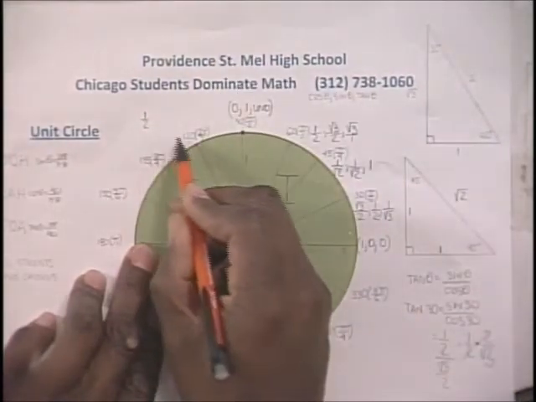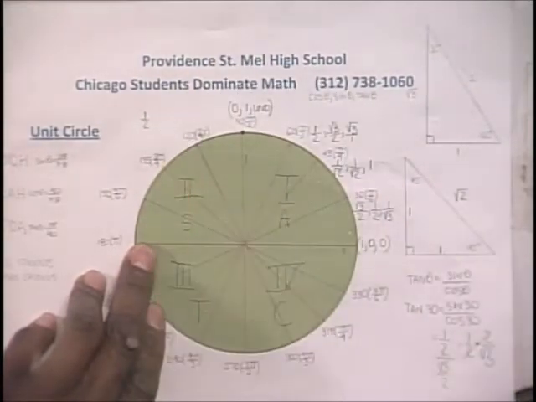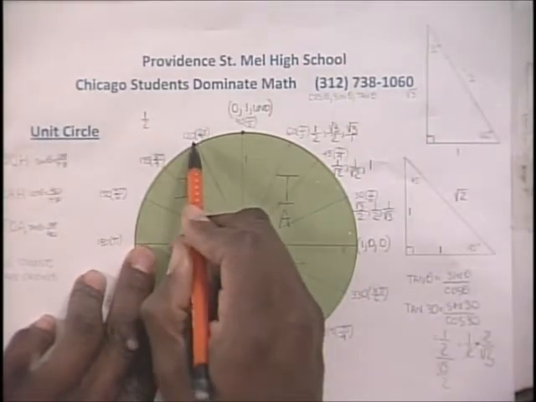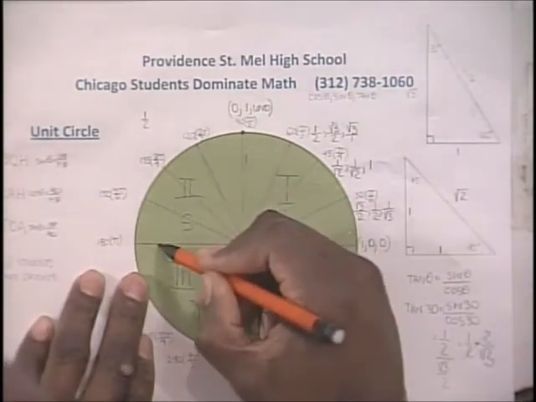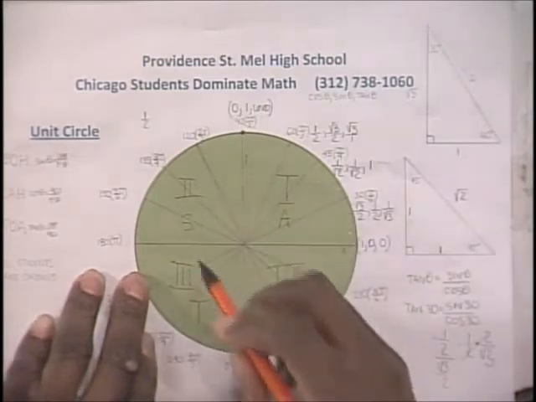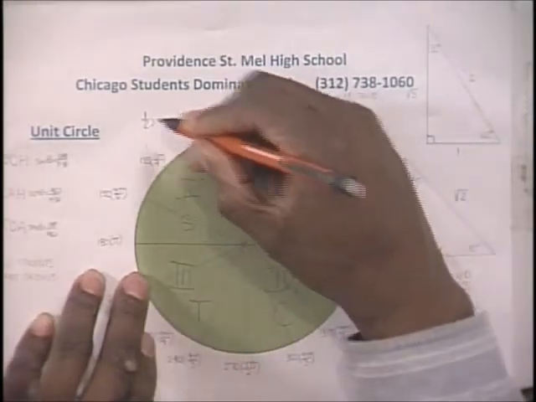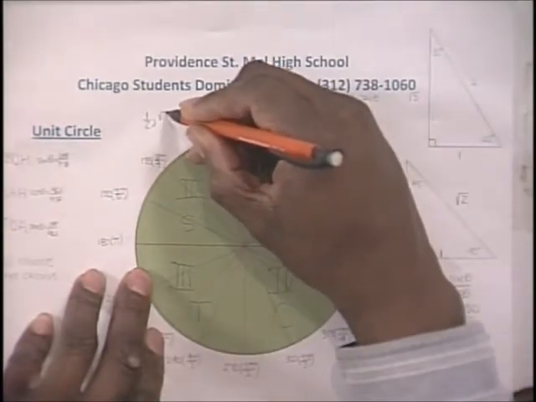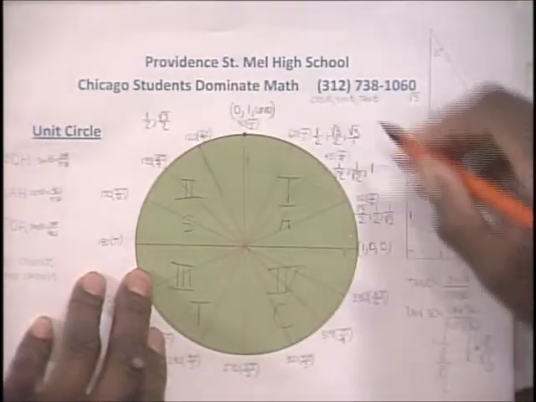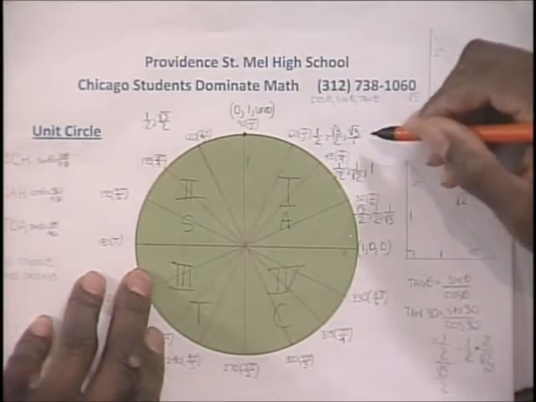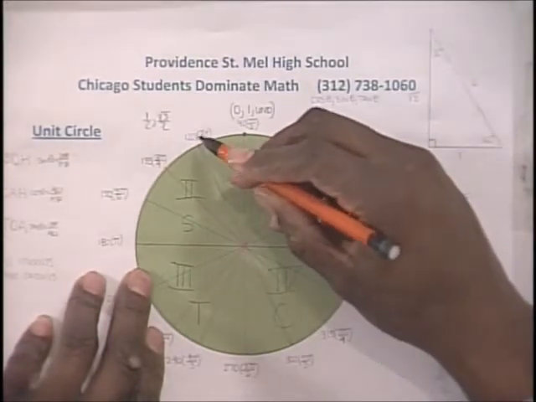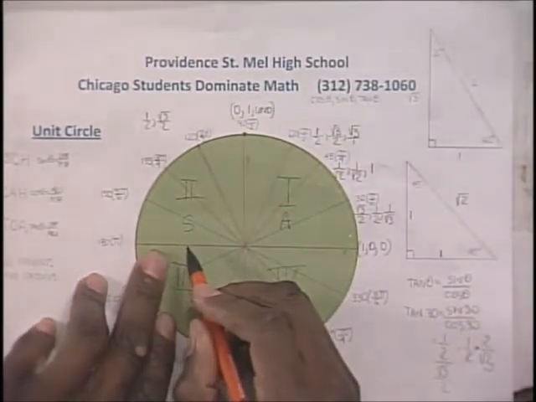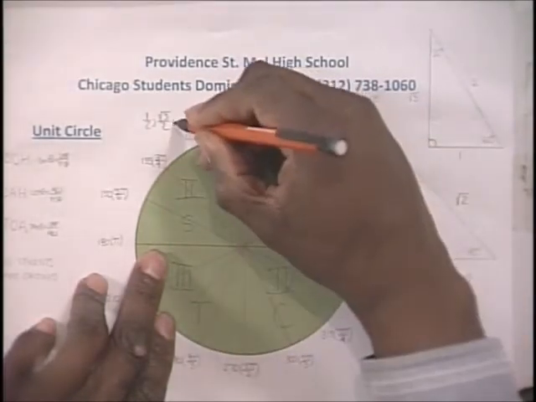You take the sine of the reference angle, 60, which is radical 3 over 2. And the tangent of 60 is radical 3.